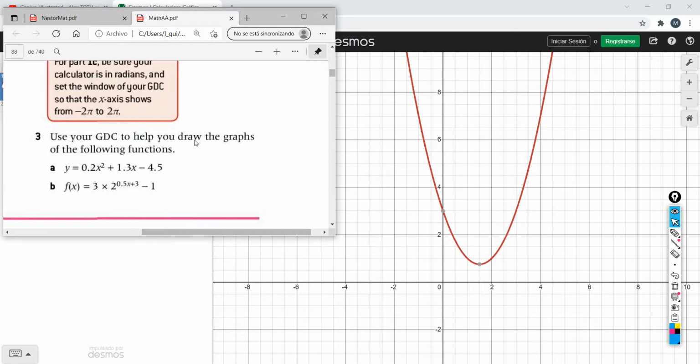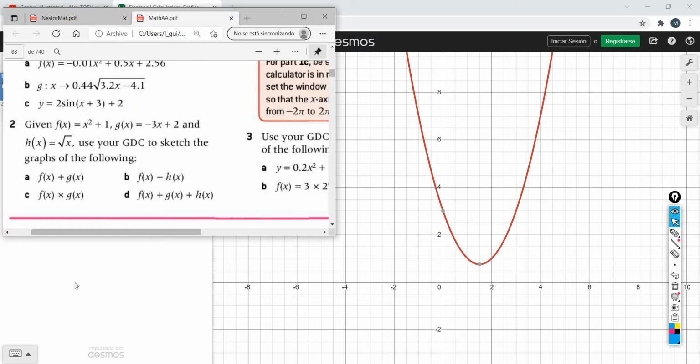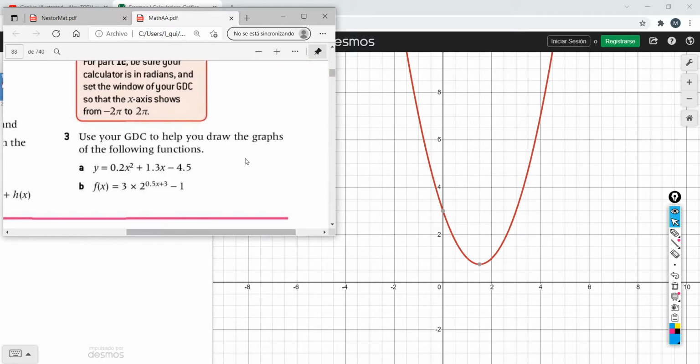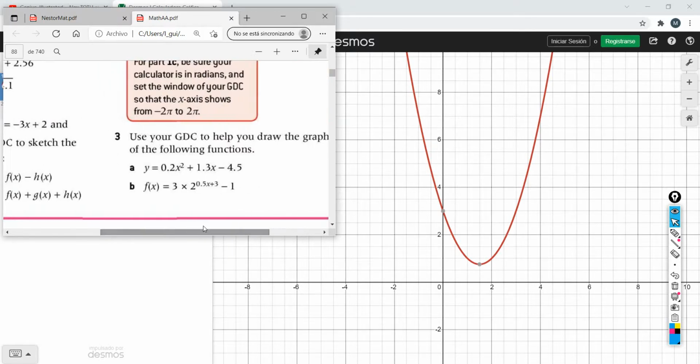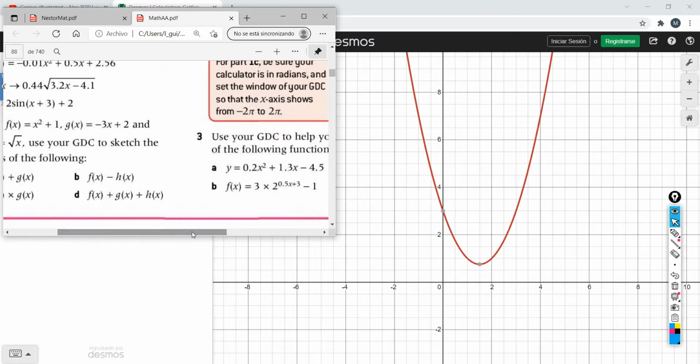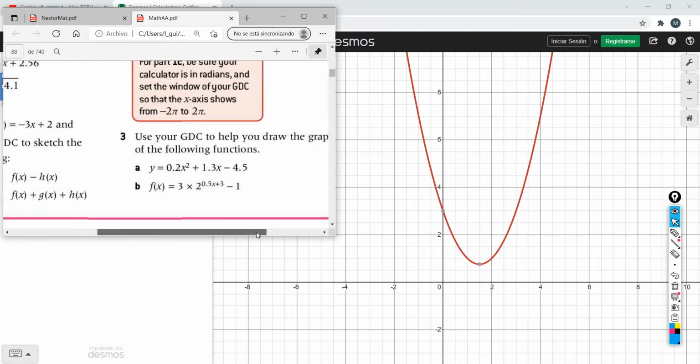So that is the difference. This is the drawing, and the sketch is the stuff that I did in here. We have to make that distinction in the IB between the word sketch and the word draw. They are different. Draw is precise, sketch is so-so. Okay, that's it. Nothing else to add.